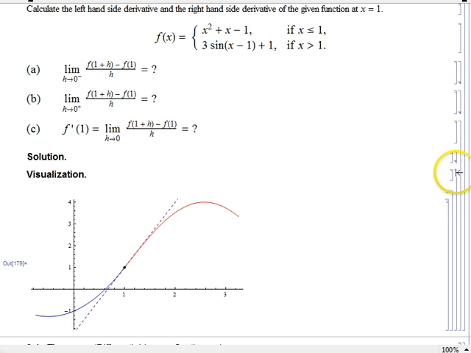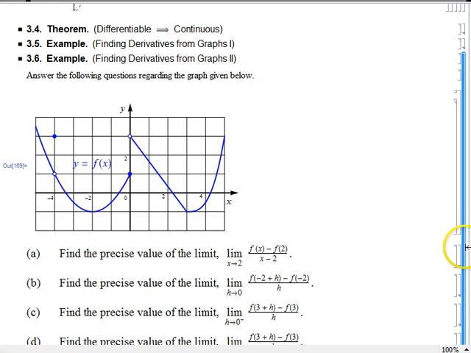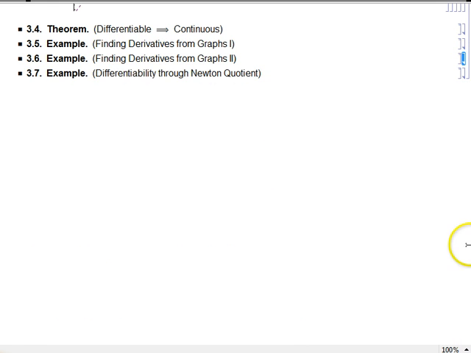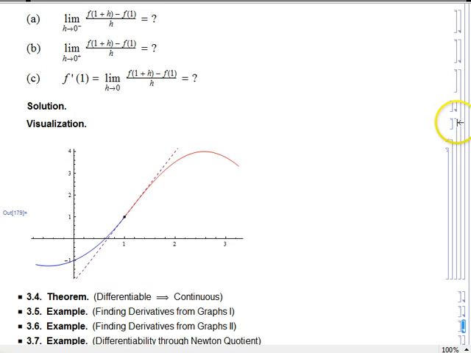So compare this smoothly joined picture and this wacky picture right over here. You see the difference. This is a cusp, so no derivative, and this one has a derivative. We have this nice spline.